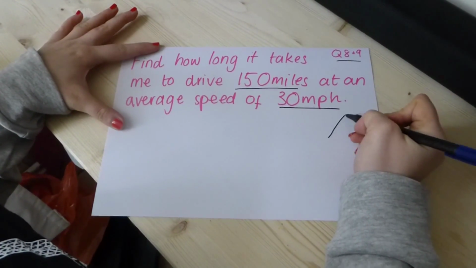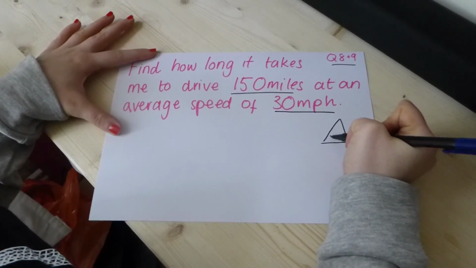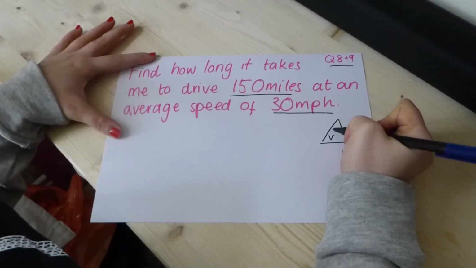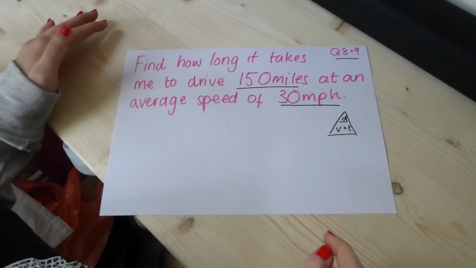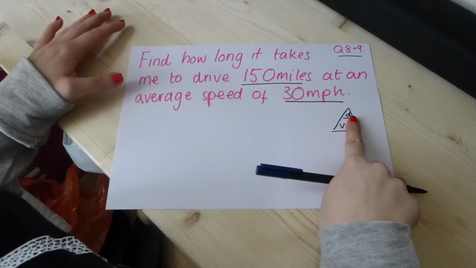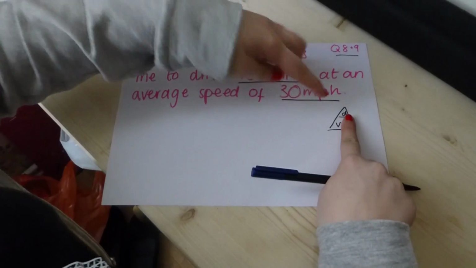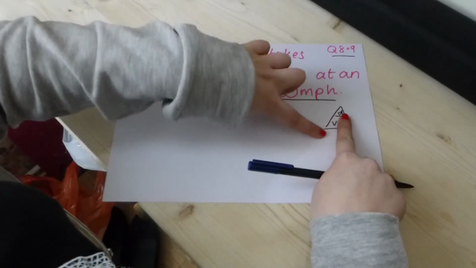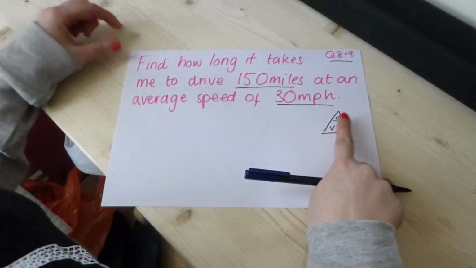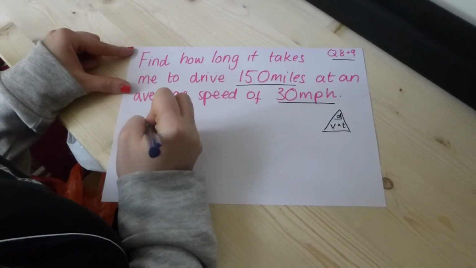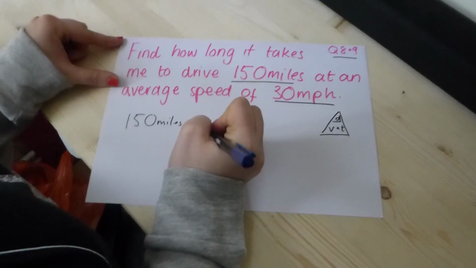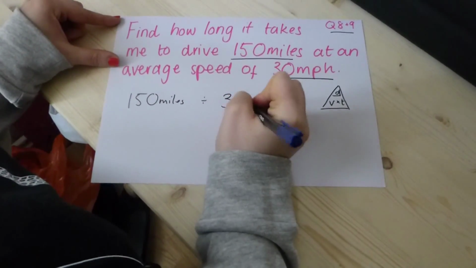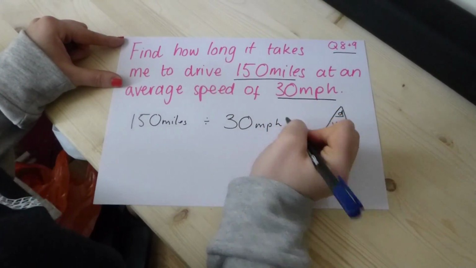So I'm going to draw my triangle, and I remember that the speed is equal to the distance divided by the time. Now because it's asking me to find a time, I'm going to cover up the t, and the triangle is telling me to do d divided by v, so distance divided by the speed. So I need to do my 150 miles divided by my speed, which is 30 miles per hour.